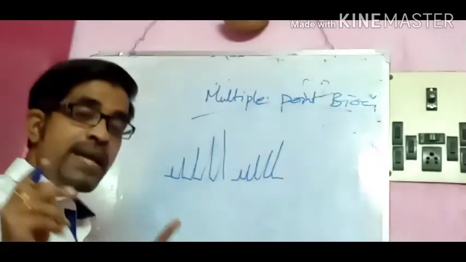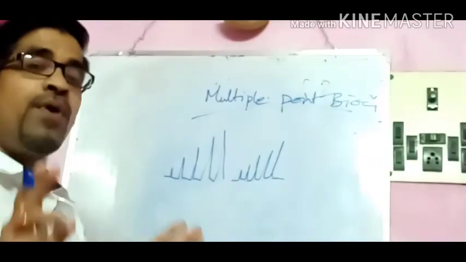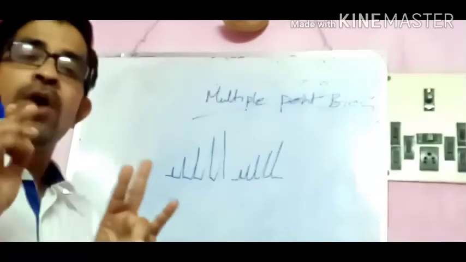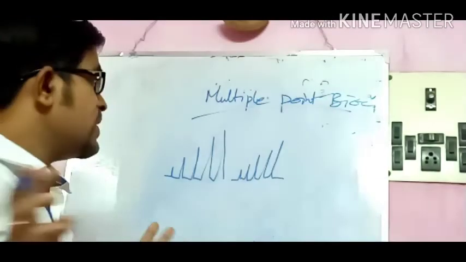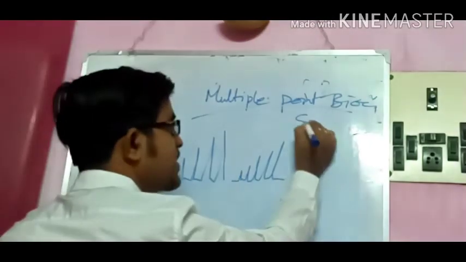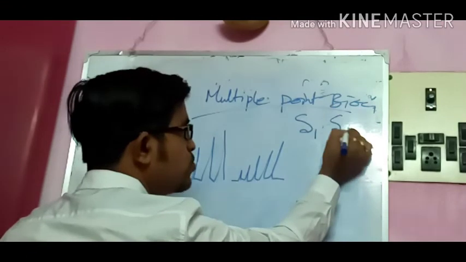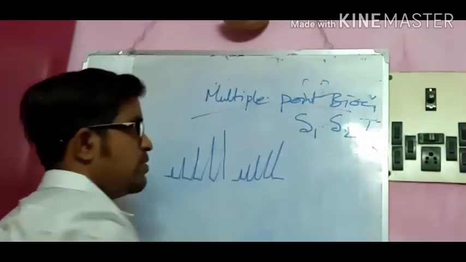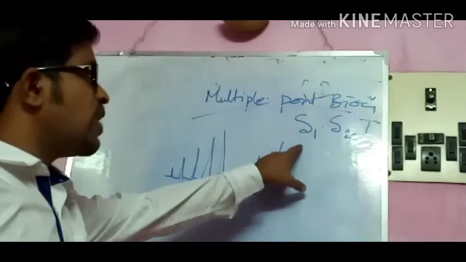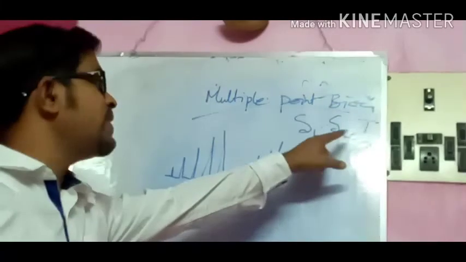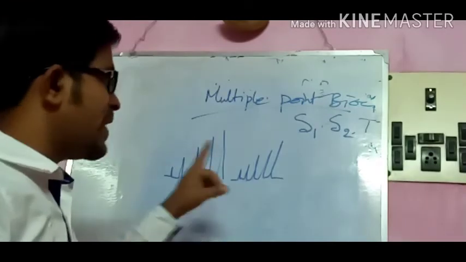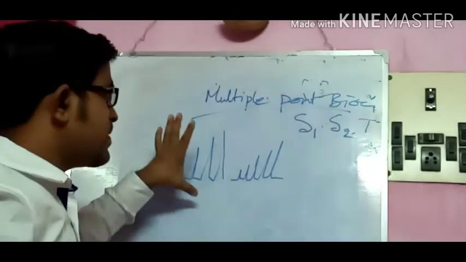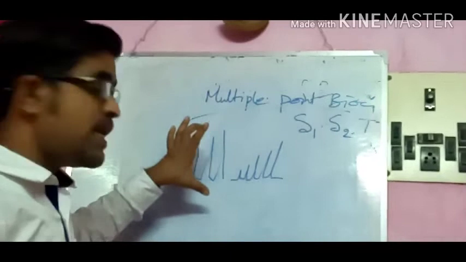Now, in 3-point bioassay, 3 points have to be selected. These 3 points are named S1, S2 and T. S1 is the standard one, S2 is the standard 2 and T is the test. So we have to select S1 and S2.